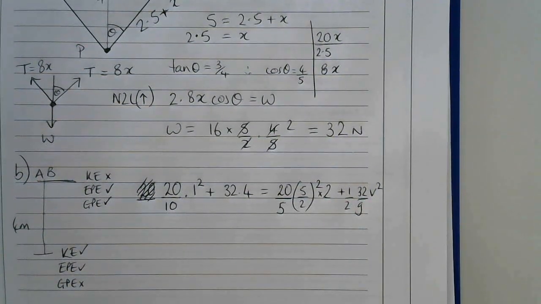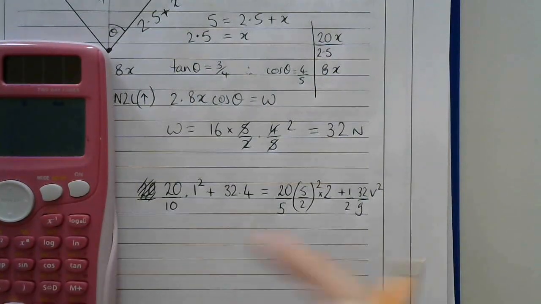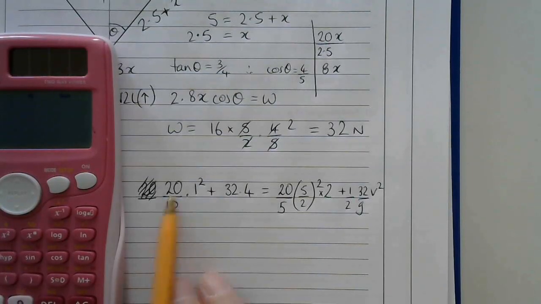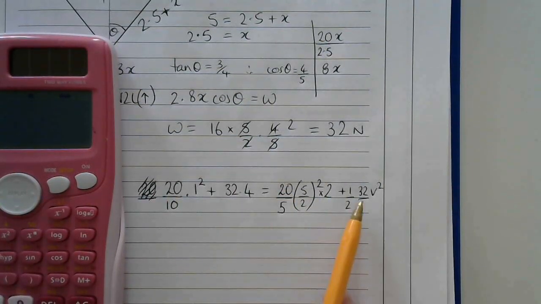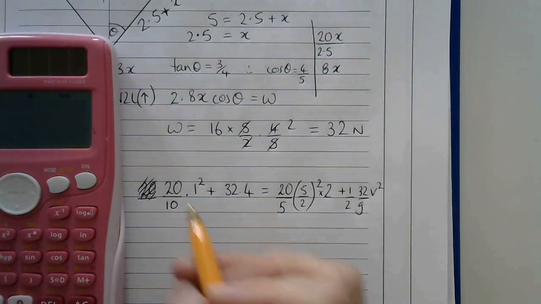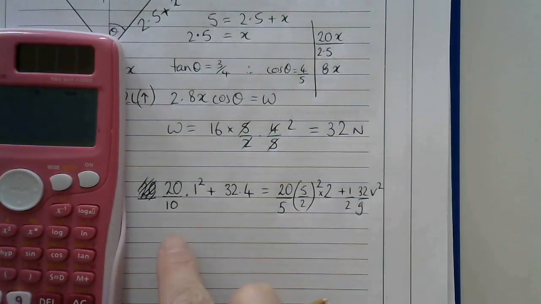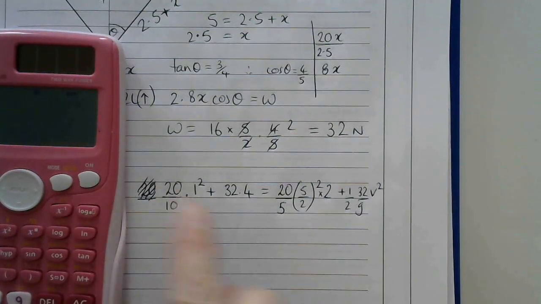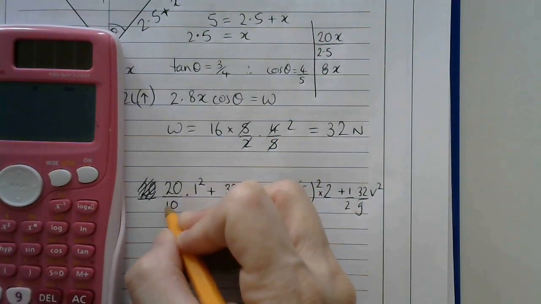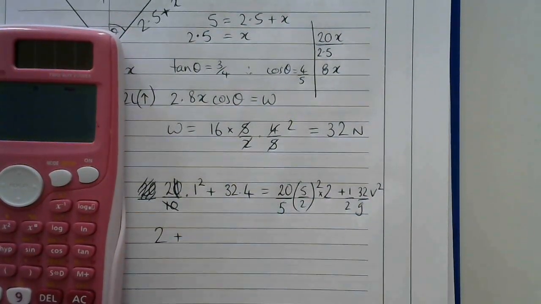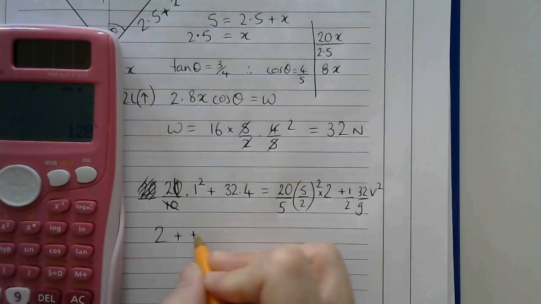The most efficient thing to do would be to type in this minus this, and then multiply by 2g and divide by 32, and then square root. But I'll just work out each of these terms so that you can see exactly what numbers you should be getting for each of the parts. So here I've got 20 divided by 10, which is 2, times 1, so I've got 2. 32 times 4 is 128.